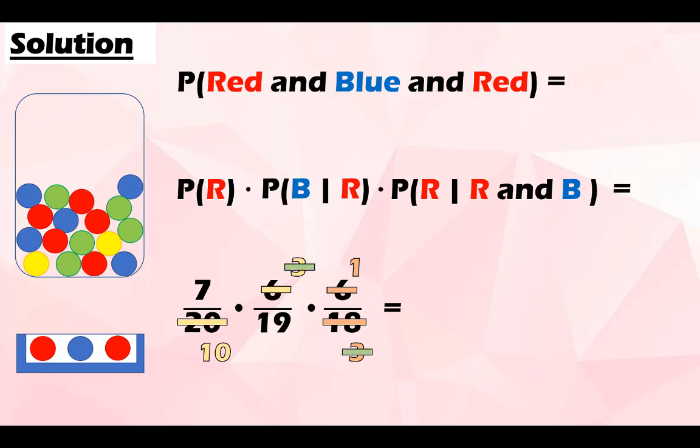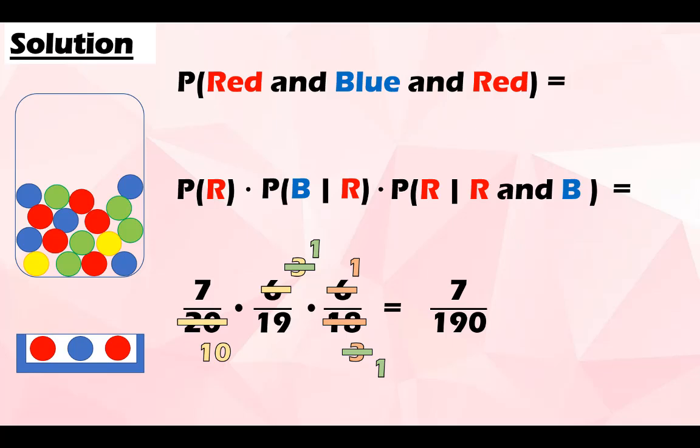So we reduce those away, and 3 goes into 3 one time, 3 goes into 3 one time. So now on top, we're left with 7 times 1 times 1. That's 7. On the bottom, it's 10 times 19 times 1, which is 190.